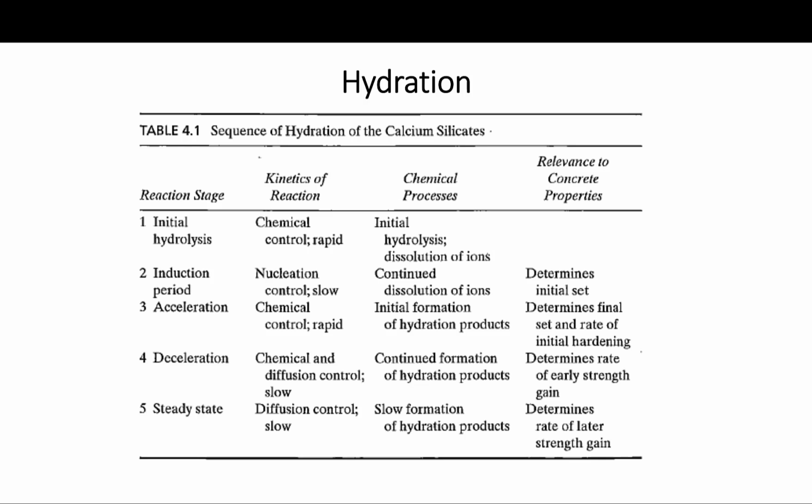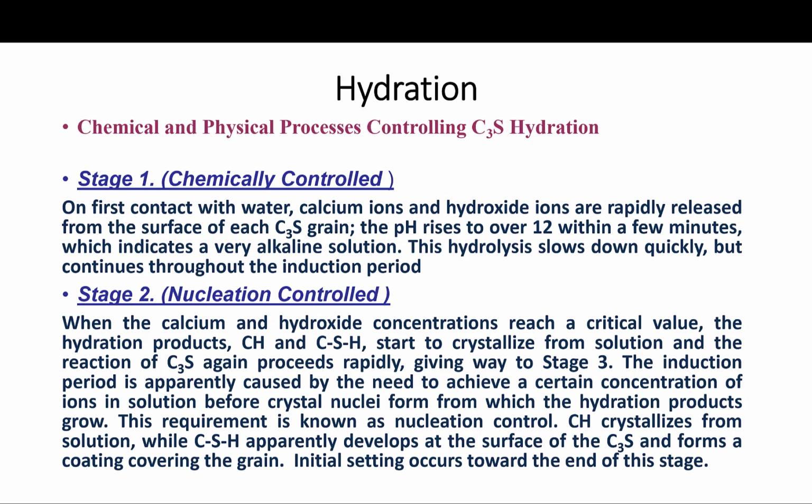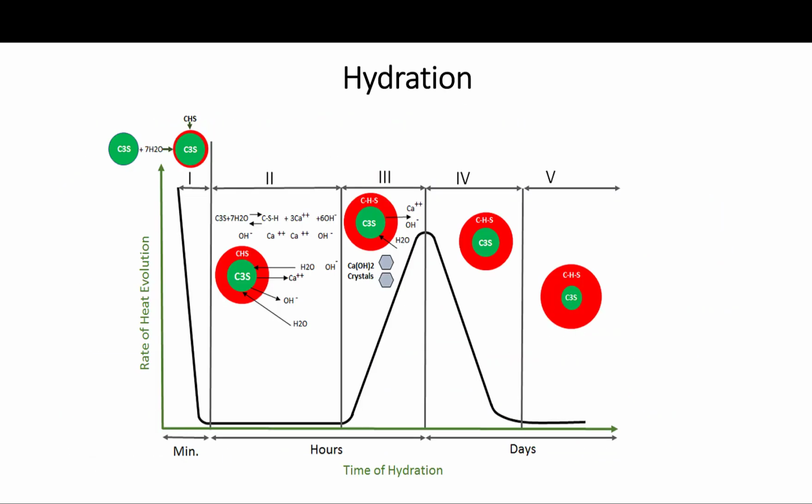Okay, what happened, initial setting, hardening, the final set, and that kind of information. Just to remember one thing about the steady state stage, curing is very important in order to make sure the reactions in stage 4 and stage 5 take place. So that's one thing to remember.